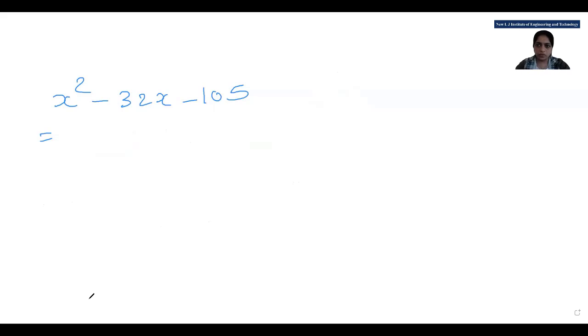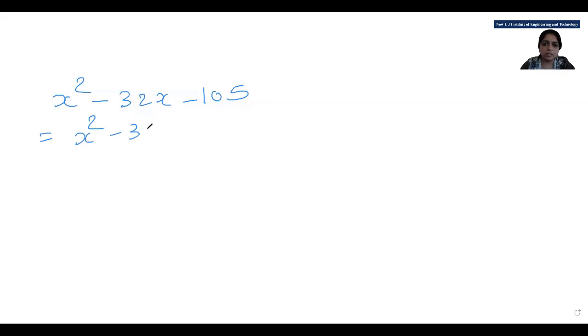What will be the factors of the given expression? 35 threes are 105.